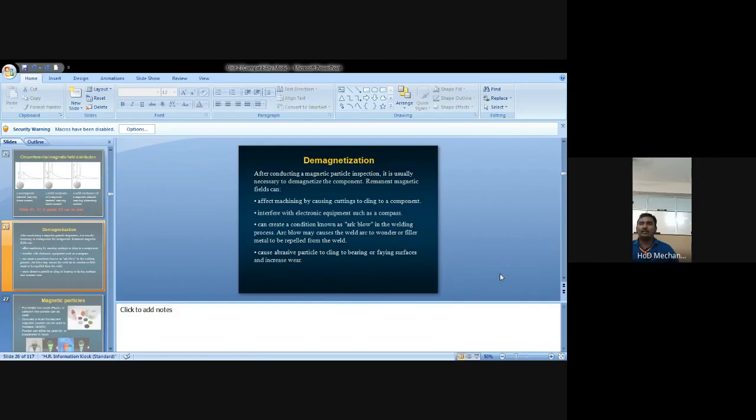The arc blow may cause the weld arc to wander or filler metal to be repelled from the weld. If we go on to join the material after testing, that will affect the welding process, and it will also cause abrasive particles to cling to bearing or spraying surfaces and increase the wear. So we must demagnetize after the MPI inspection is completed.